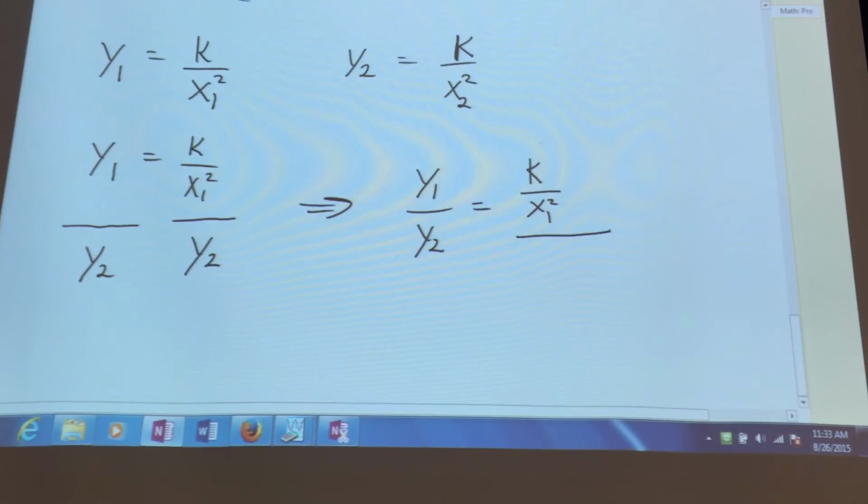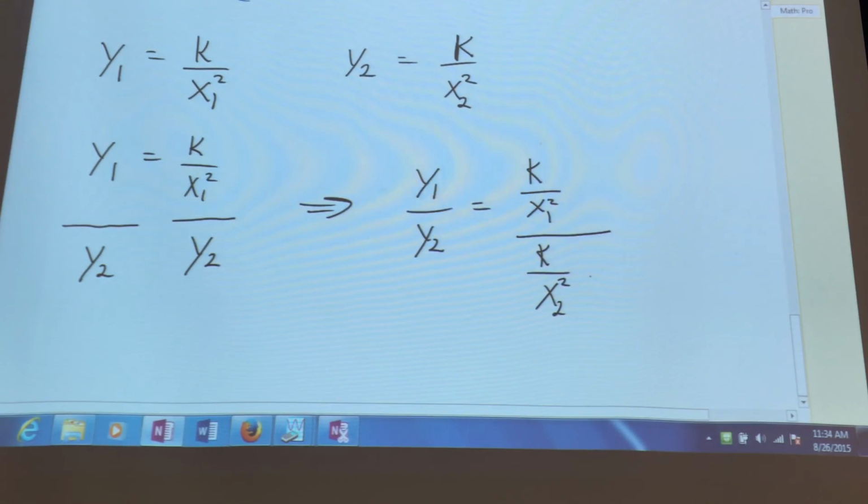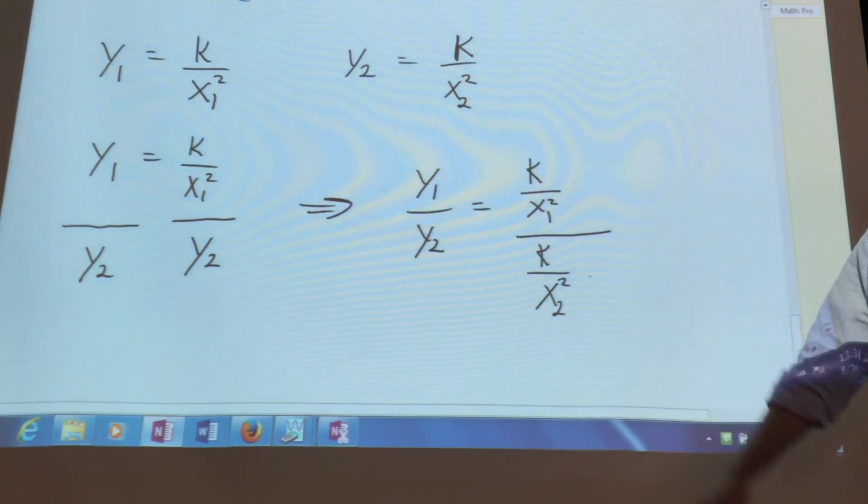Instead of writing y2 here, I'm going to write what y2 is equal to. What am I going to write? K over x2 squared. Okay, and this is your most terrifying moment. Dividing fractions by fractions. Yes! Invert and multiply.